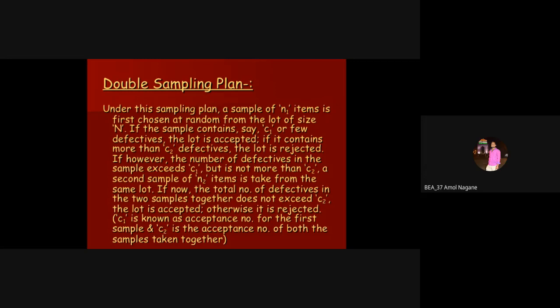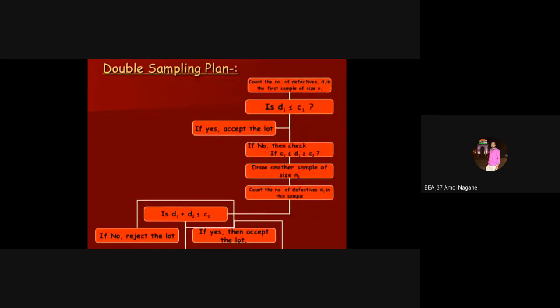If the total number of defectives in the two samples together does not exceed C2, the lot is accepted, otherwise it is rejected. C1 is known as the acceptance number for the first sample and C2 is the acceptance number for both samples taken together. Okay, so this is the basic information. So we will discuss this chart. Count the number of defectives D1 in the first sample. Is D1 less than or equal to C1?